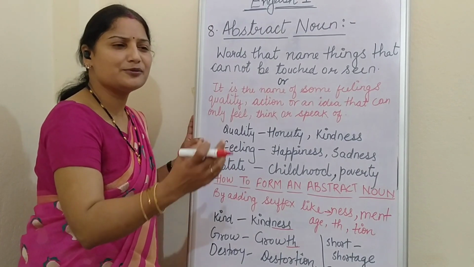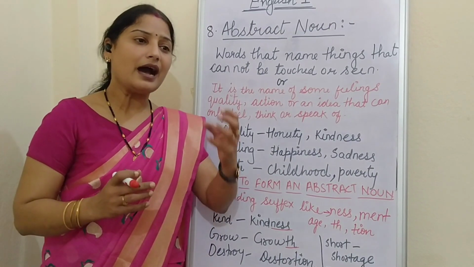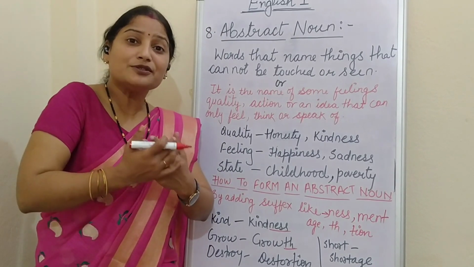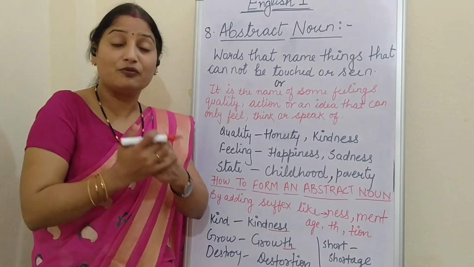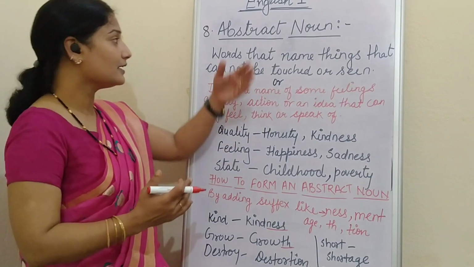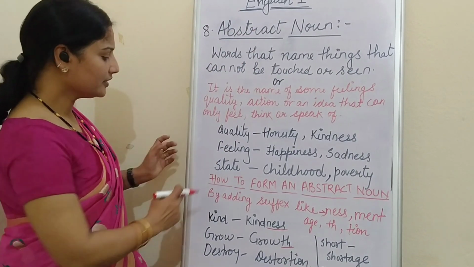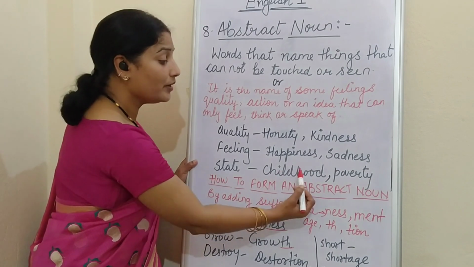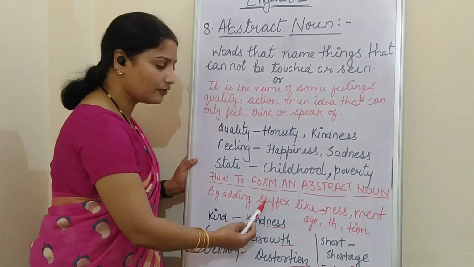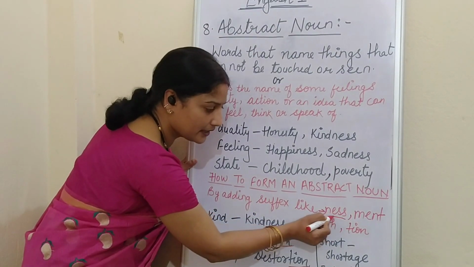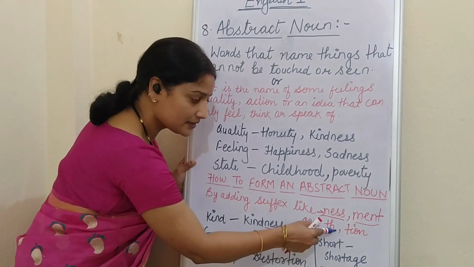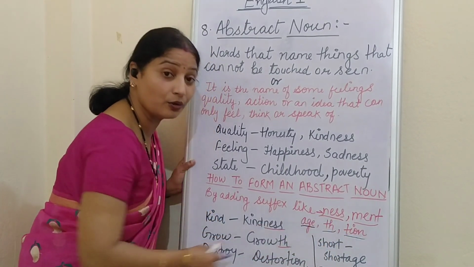So students, abstract noun is only our feeling. It is only our expression that comes from our heart, that we cannot touch at all. We can only feel. This is abstract noun. Now there is a question. How to form an abstract noun? Very simple. By adding suffixes like NESS, MENT, AGE, TH or TION.